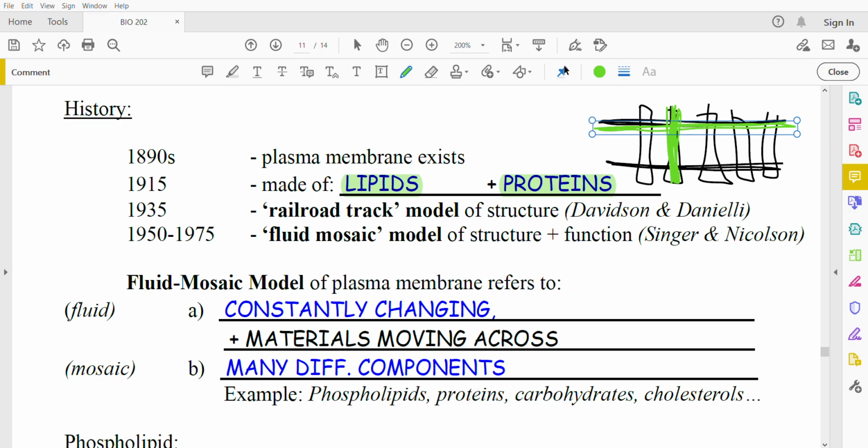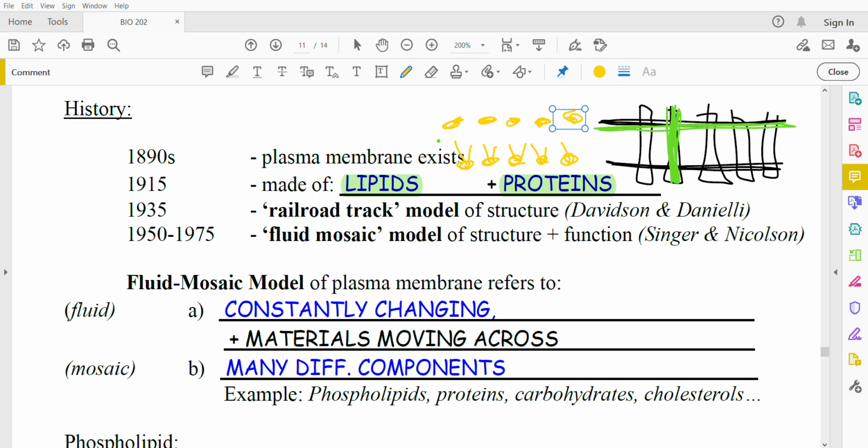We actually now know that rather, I'm just trying to change the pen color if you're wondering why I'm clicking around, what we know is that they had it the wrong way around. These metal tracks that they talked about are actually phospholipids, not the proteins. So this is the phospholipid bilayer structure, where we have the heads facing outside, tails facing inside.